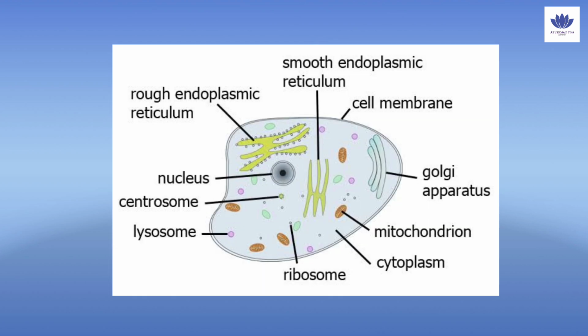Within the cytoplasm, there are several organelles, each of which has a specific role in the function of the cell. Some examples of organelles are mitochondria, ribosome, Golgi apparatus, etc. The organelle mitochondria generates most of the chemical energy for the functions of the cell. It is called the powerhouse of the cell.